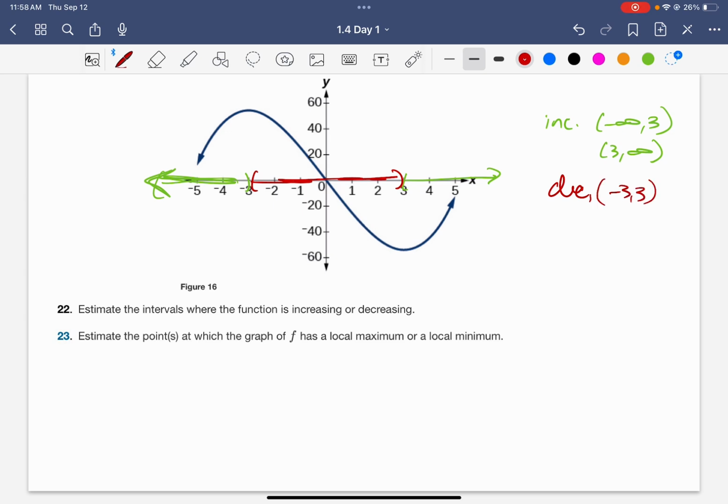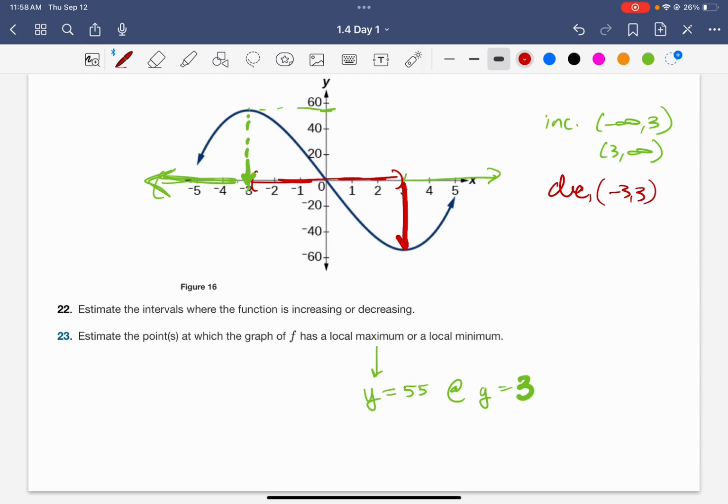That's a really pretty function, by the way. Estimate the points where it has a local max or min. Looks like this thing is going to have a local maximum at y is equal to whatever this is. So that's about 55, something like that, at x is equal to, looks like it might be at about 3.